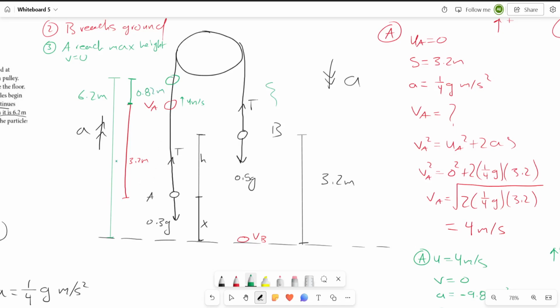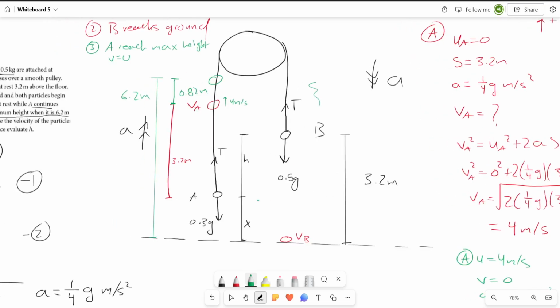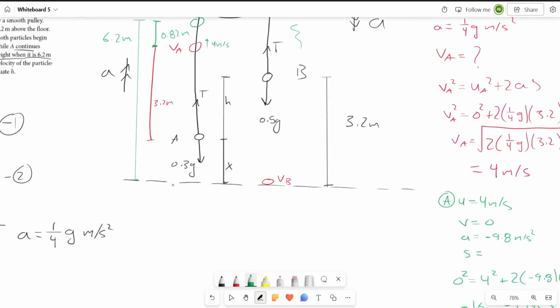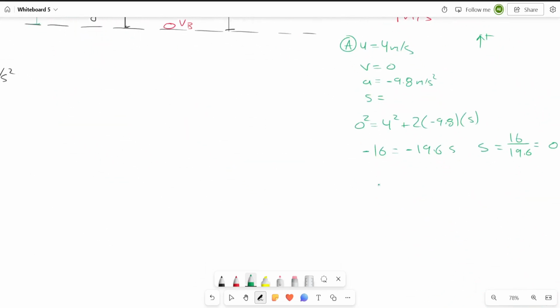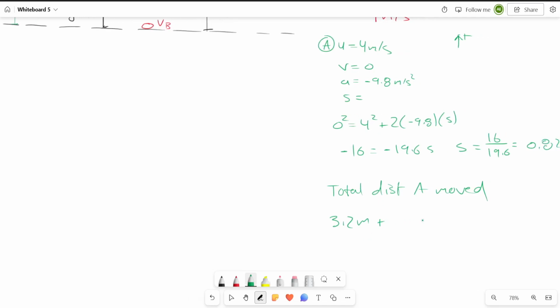So from the start to the maximum height it reached, A moved 3.2 plus 0.82 meters. The total distance A moved is basically the 3.2 meters initially when the tension was there, plus the small distance it moved due to its inertia. That's going to give you around 4.02 meters upwards.